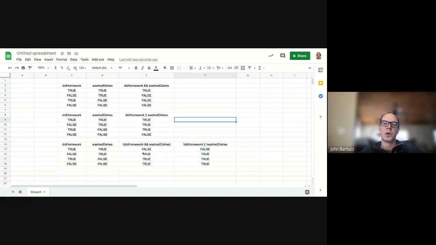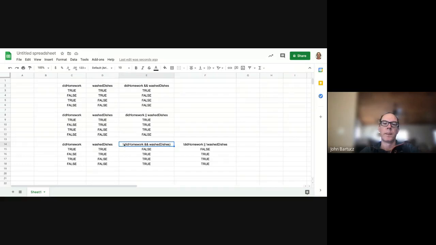So if you want to think about it in English, the way I think about it is, did you do both of these things? Did homework and wash dishes? If you did both of those things, then it's not true, right? Because it's not this and this. So that's the same thing as saying, if I did not do either one of them, then the result is true.